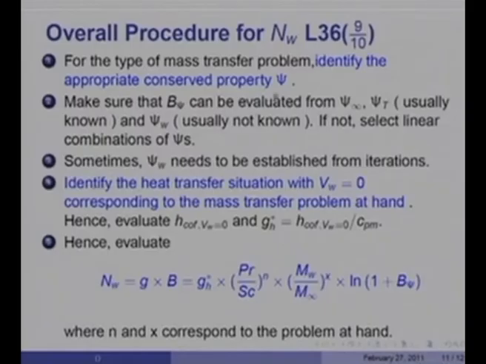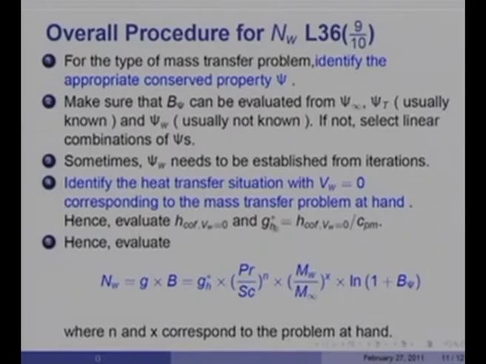Then for the mass transfer problem at hand, identify the corresponding heat transfer situation with V_W equal to 0, for which the correlation is available, and hence evaluate the value of h with V_W equal to 0.